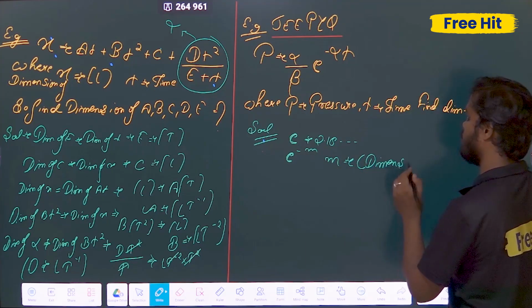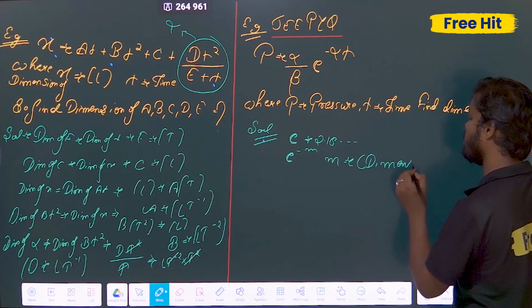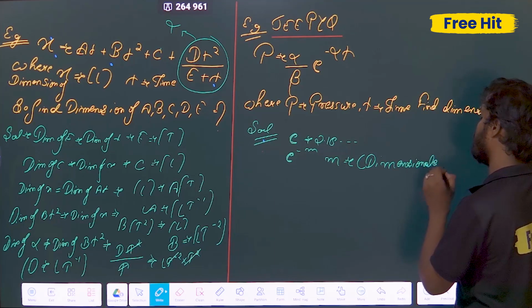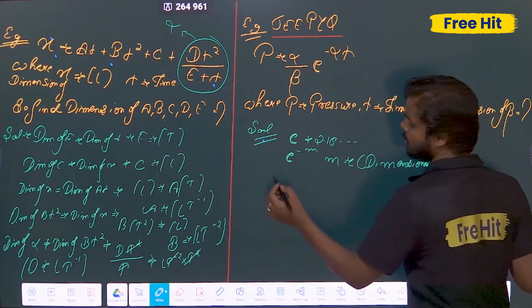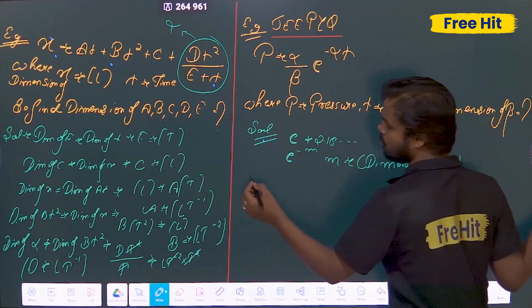It should not have any dimension, or better to say dimensionless. It should be dimensionless.